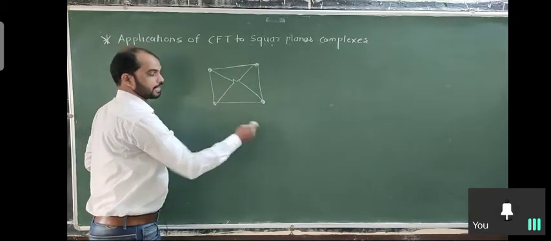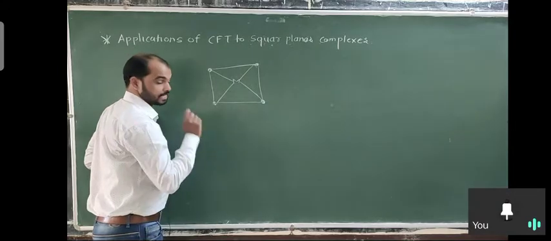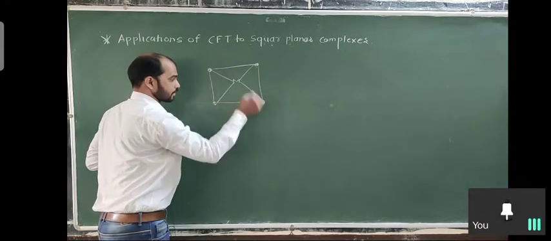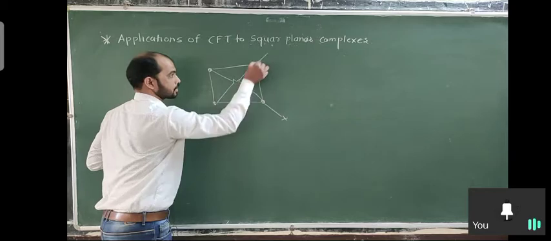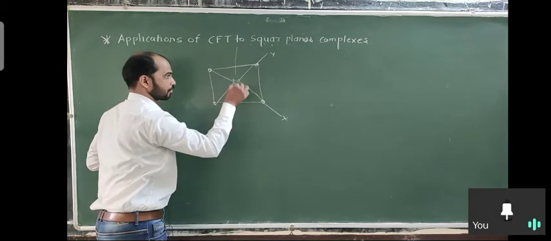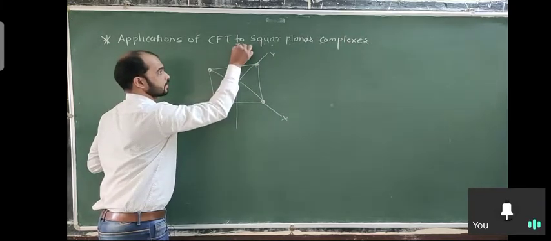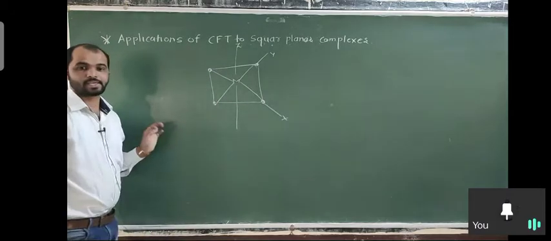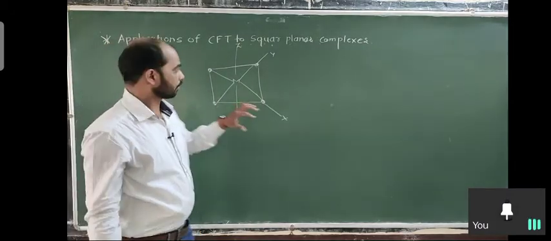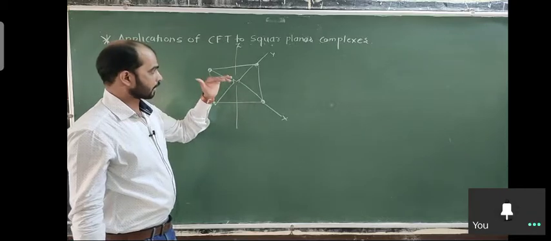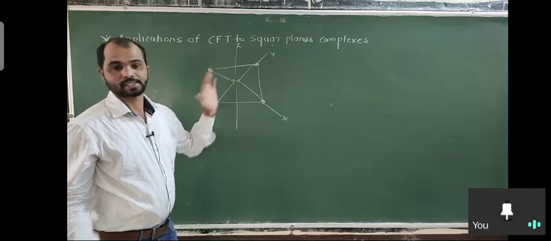So all the 4 ligands are on which axes? You can consider this is the x axis, here is the y axis, and here is the z axis. So basically ligands are oriented on the x axis and y axis, not on the z axis.